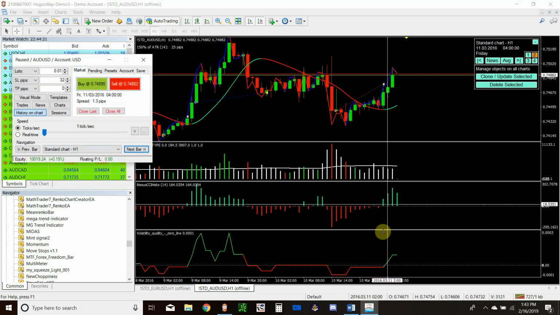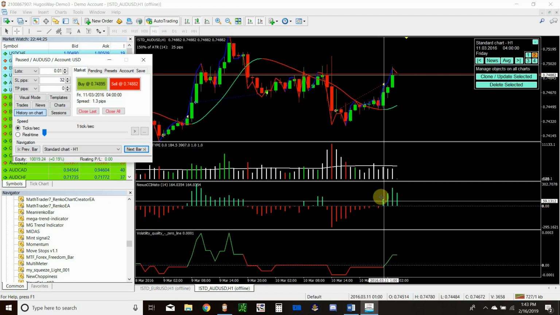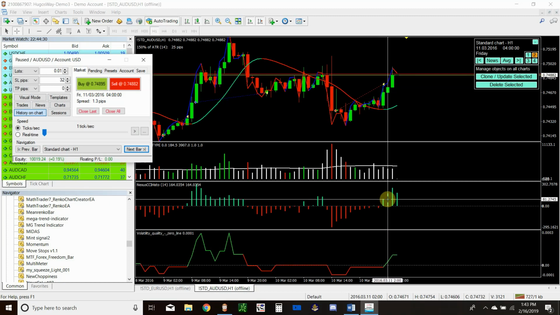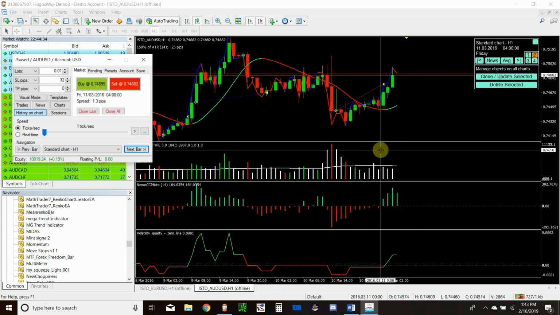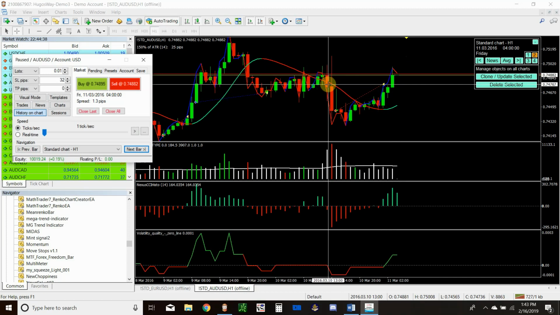So if we would have used this as our entry here, we would have got a buy signal here, here, and here before we get one on the volume. And that would have got us in this trend here. Same thing with here.